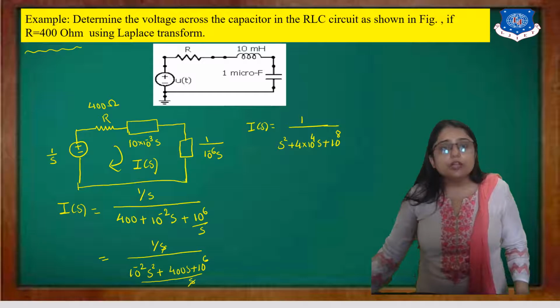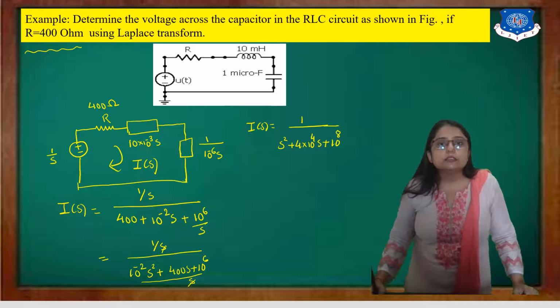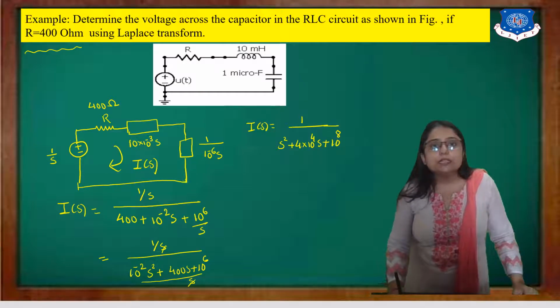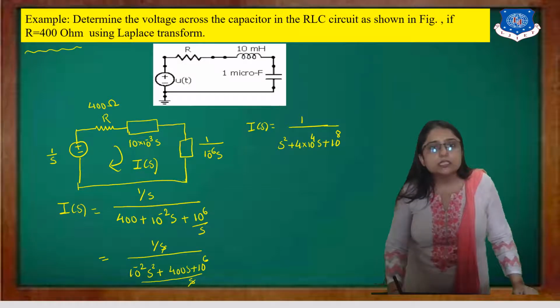But what we want to find out is the voltage drop across the capacitor. So we have to multiply this current with the capacitor impedance, because now it's a transform of impedance, so our capacitor simply behaves like a resistor.